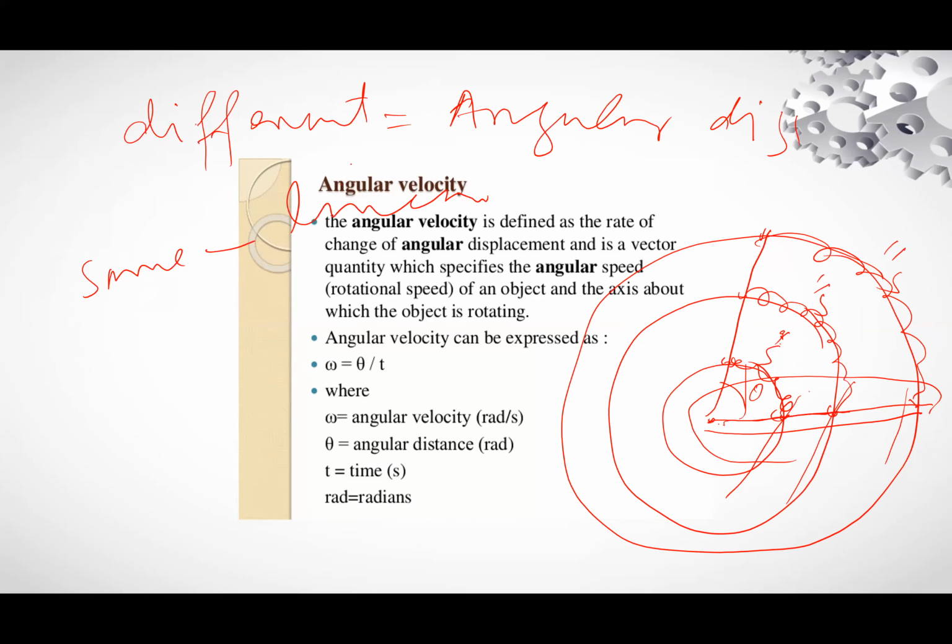But angular displacement will be different, angular velocity will be different, and angular acceleration will be different. So different points on the same circle will have same linear quantities, but different angular quantities.